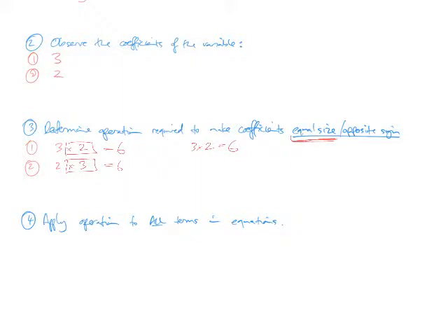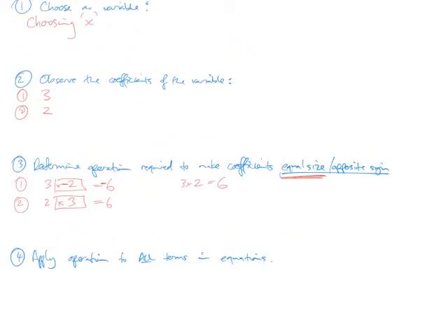To make them opposite in sign, I would need to times 1 by negative. So 3 times by negative 2 is going to make negative 6. So now I've decided that in equation 1 I'm going to times by negative 2, and in equation 2 I'm going to times by positive 3. That will make the coefficients both 6, but one of them is going to be the opposite sign, at negative.